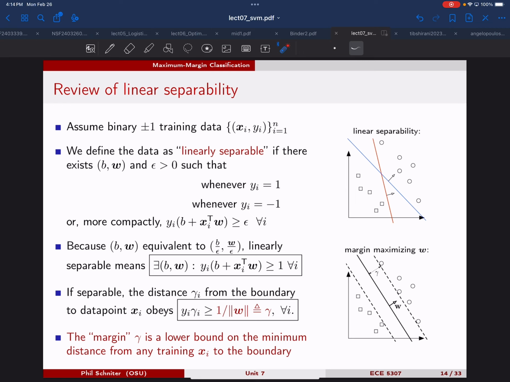So now let's be a little bit more precise to come up with a mathematical definition, a way we can write this down with math. To make the math cleaner, we're going to assume that the labels are plus minus 1 versus 0 and 1.